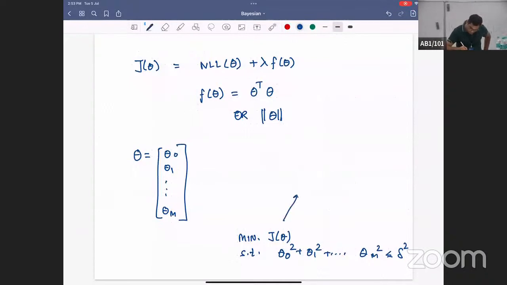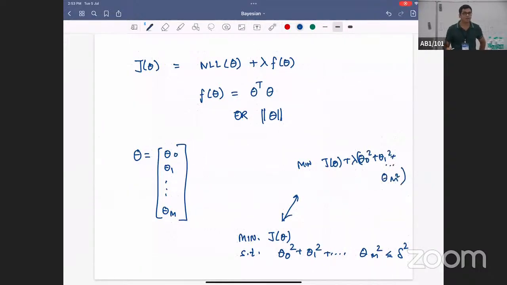This is equivalent to saying minimize J of theta plus lambda times theta naught squared plus theta 1 squared till theta m squared, right?